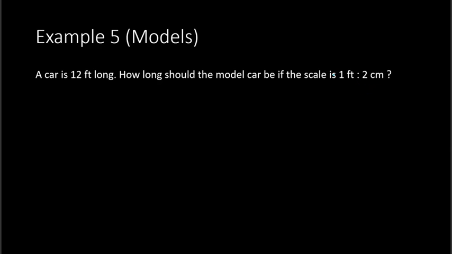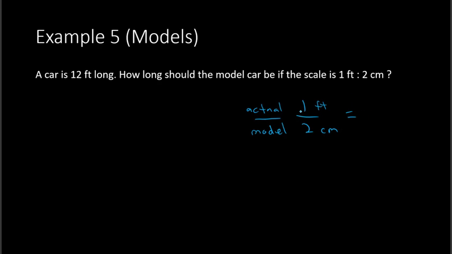So what we can do is use this scale to figure out the length of the model car. We know the scale is 1 to 2. So this is feet to centimeters. 1 foot is the actual, and the 2 centimeters is for the model.